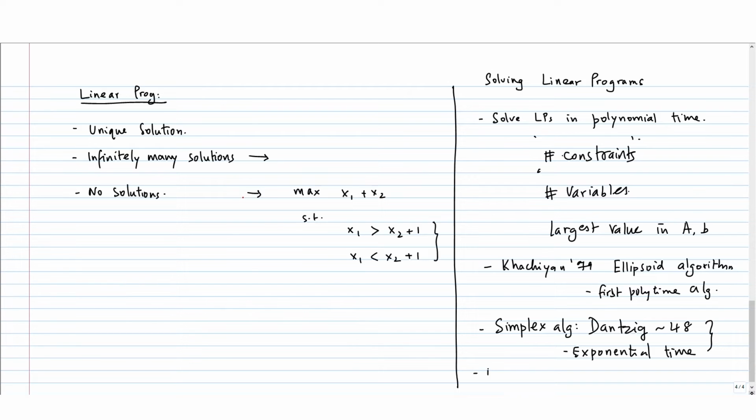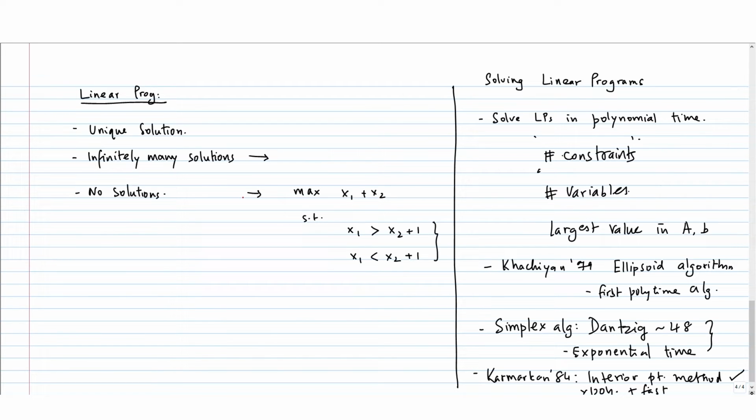Okay. And Karmarkar, I think in 84, came up with what is called the interior point method, and the interior point method is both polynomial time and fast.